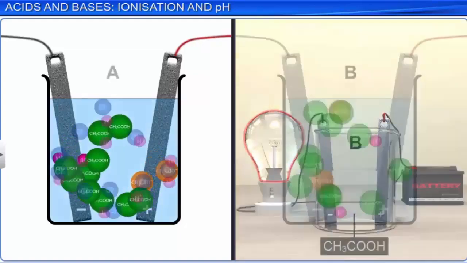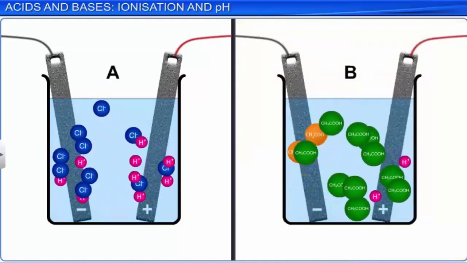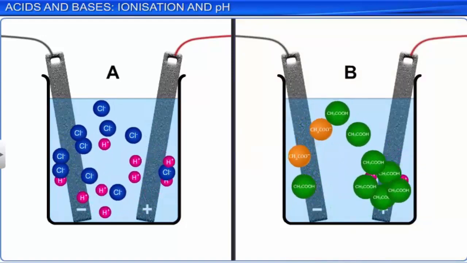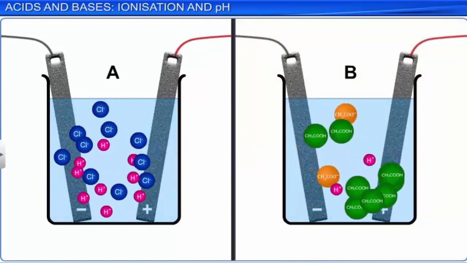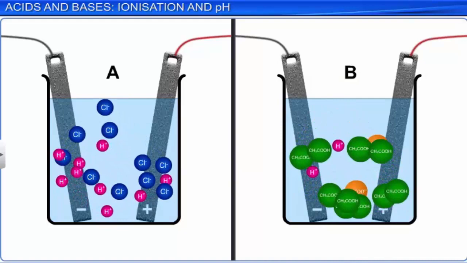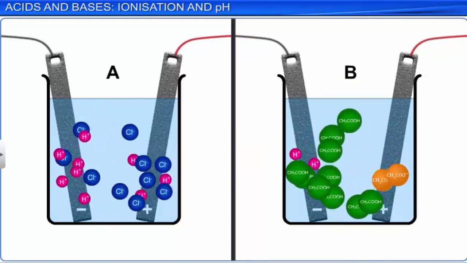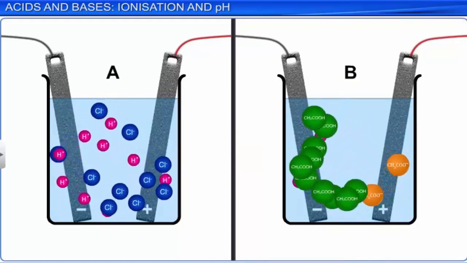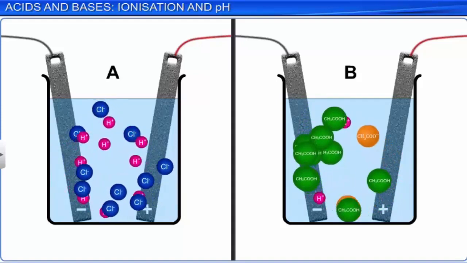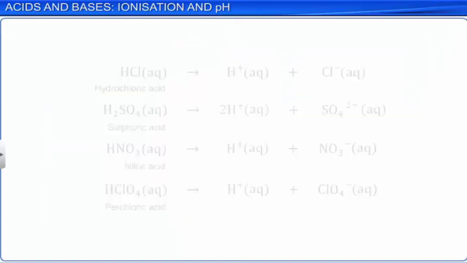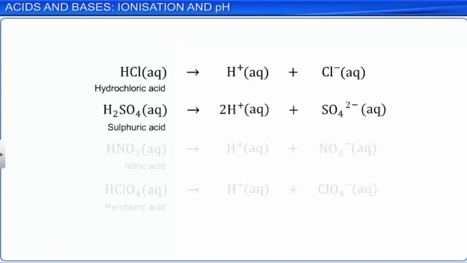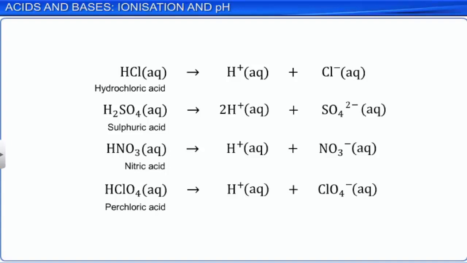According to the Arrhenius theory, the strength of an acid and a base is related to the ease with which they function as a source of H+ ions and OH- ions in an aqueous medium. As hydrochloric acid, sulfuric acid, nitric acid and perchloric acid undergo almost 100% dissociation, they are said to be strong acids.